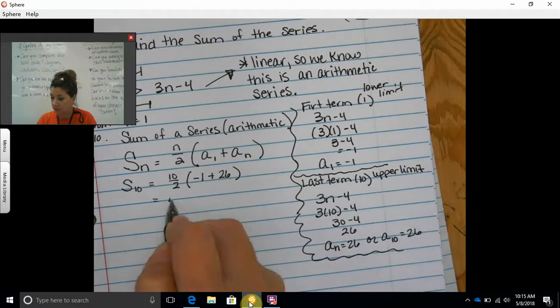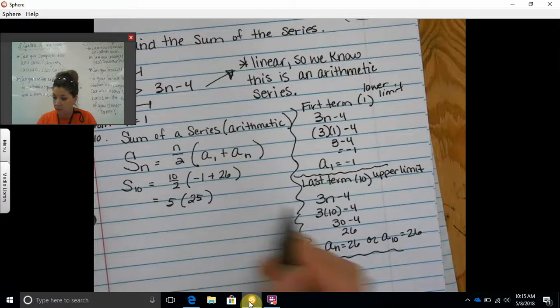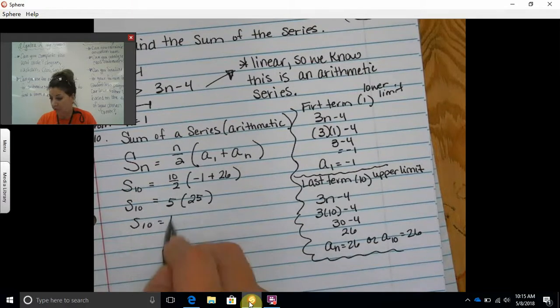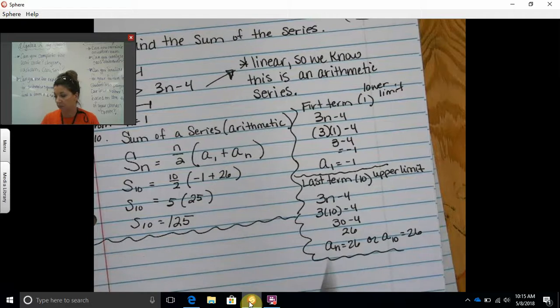So that's 5 times -1 plus 26 is 25. Multiply those together and you get 125. The sum of the first 10 terms is 125. Any questions on that?